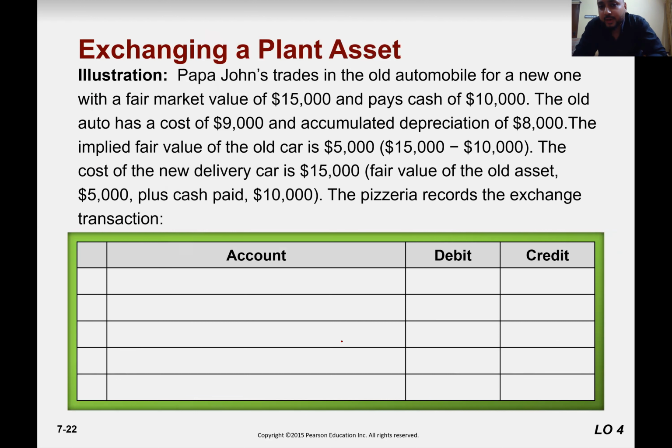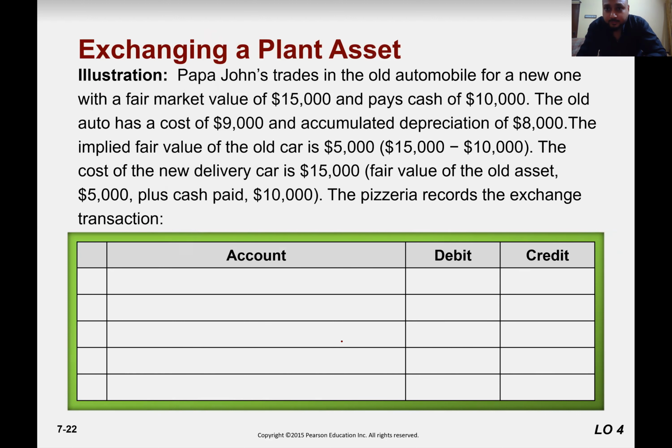Papa John's trades in the old automobile for a new one with a fair market value of 15,000 and pays cash of 10,000, right? Which means they just gave their old automobile and 10,000 cash, and received a new one.